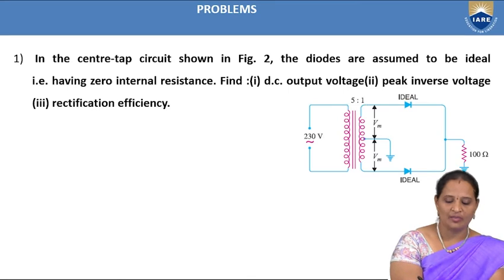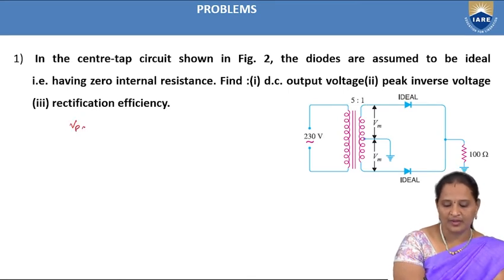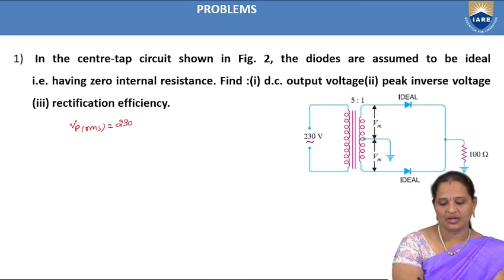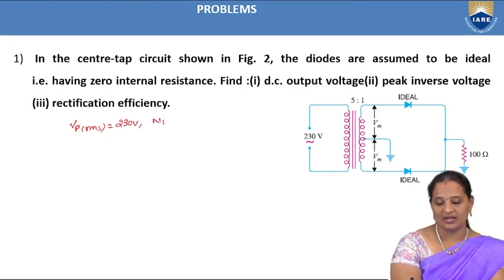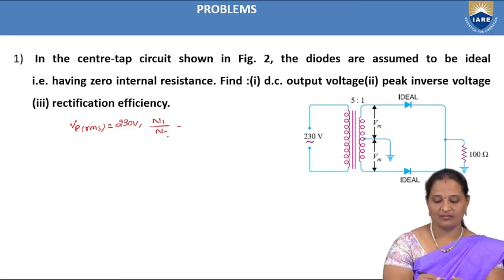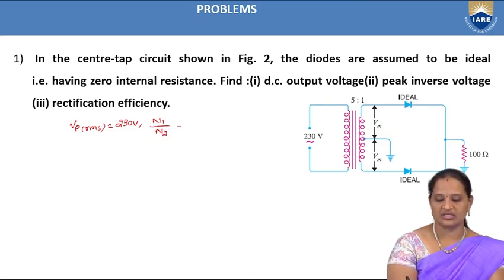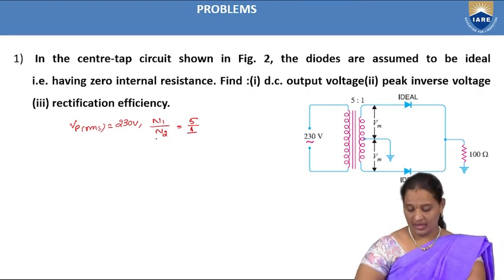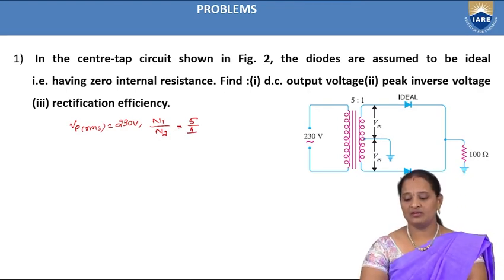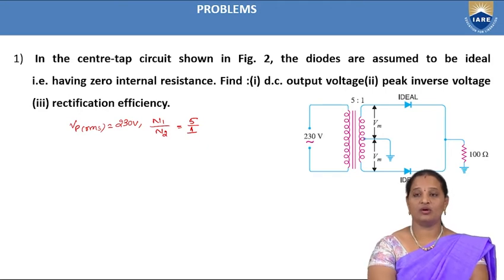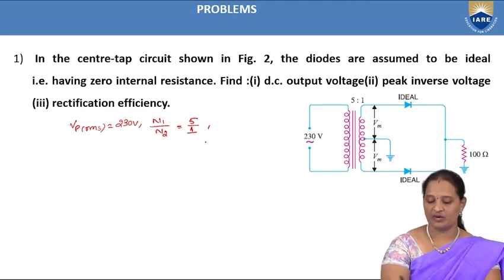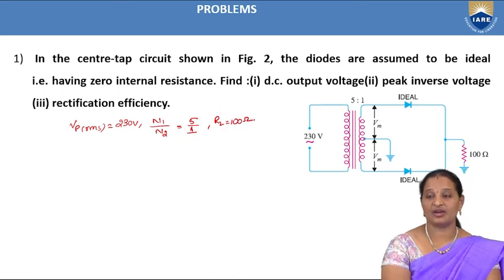So I am writing here that V primary RMS is 230 volts, and N1 by N2, which is the turns ratio, is given as 5 by 1. And he has given the load resistance. From the figure, we can see that the load resistance is 100 ohms.